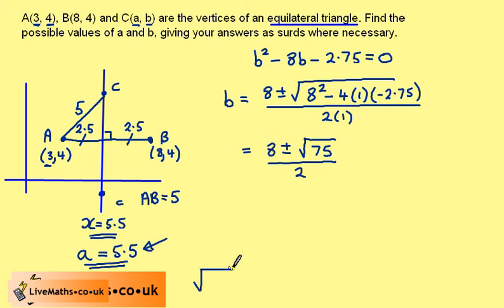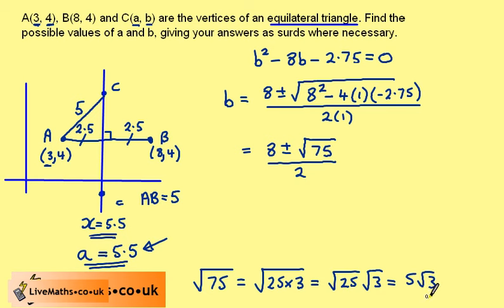Just looking to tidy this expression, the square root of 75 is equal to the square root of 25 times 3, which is root 25 root 3, which is 5 root 3. By this stage you should be confident of using surds, but if you're not, you can always go back, view the videos and practice some more.